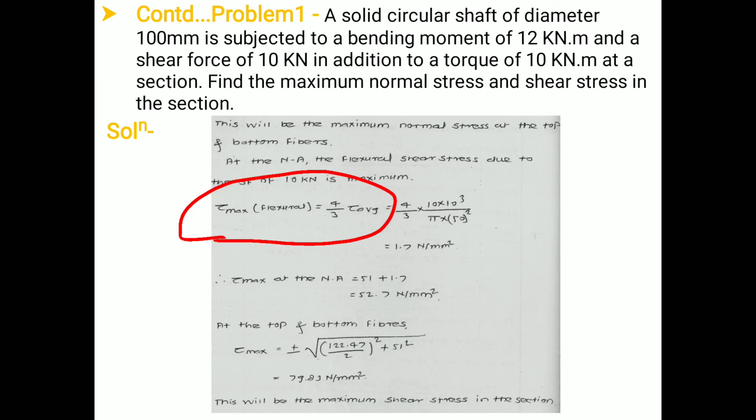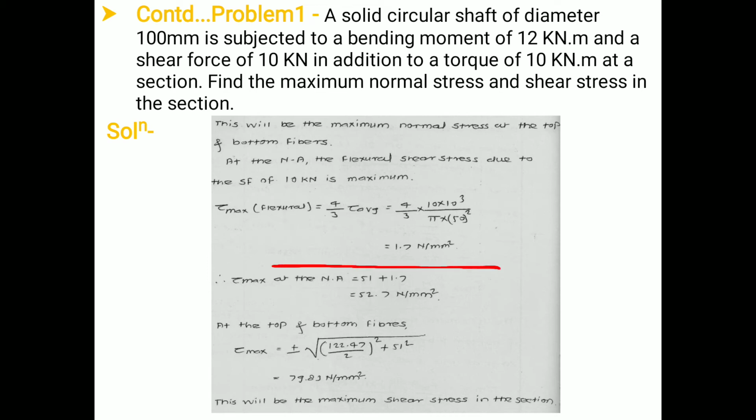Tau average is nothing but shear force upon the cross sectional area. So the value of shear force is 10 into 10 raised to 3 and the cross sectional area is pi by 4 into d square or directly pi r square. From that also you will get the value of maximum shear stress, 1.7 Newton per mm square.